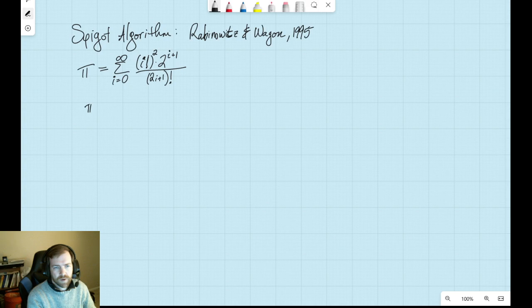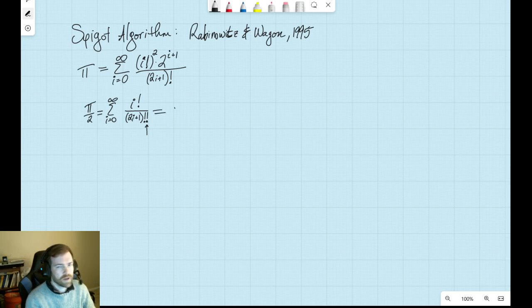This can also be written as pi over 2 is equal to the infinite sum as I goes from 0 to infinity of I factorial, so whatever number we're currently on, divided by 2I plus 1 double factorial. Now what this means is that this is actually going to skip every other.